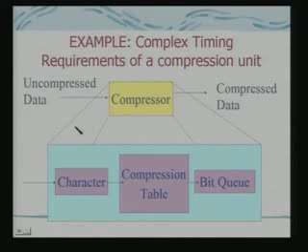Now if you use a compression table and a variable length coding scheme like Huffman coding, then a character would give rise to data of a particular length, but that length is not the same for each and every character. So that problem needs to be handled.